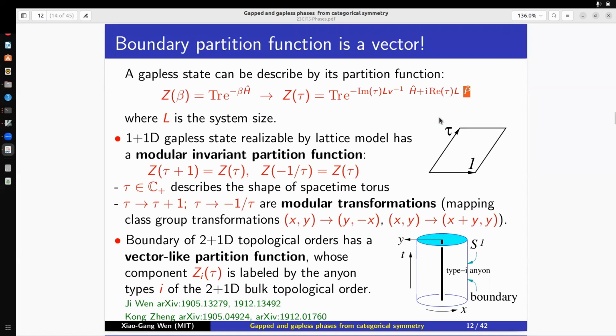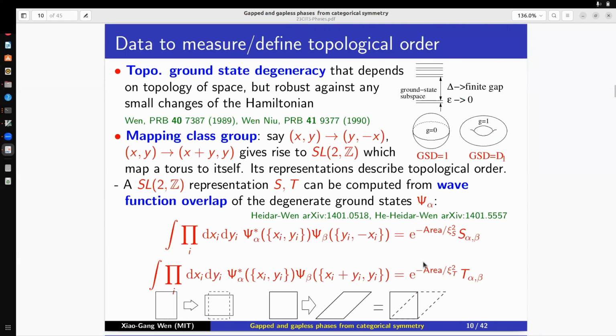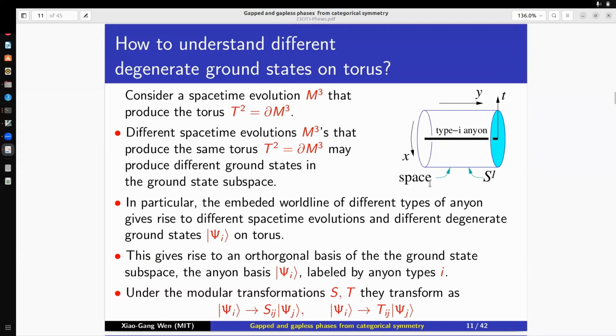And in this language, it's easy to see, because when you do this modular transformation to change the partition function, it's really like this wave function overlap. This is also a modular transformation. You can see the picture is almost the same.